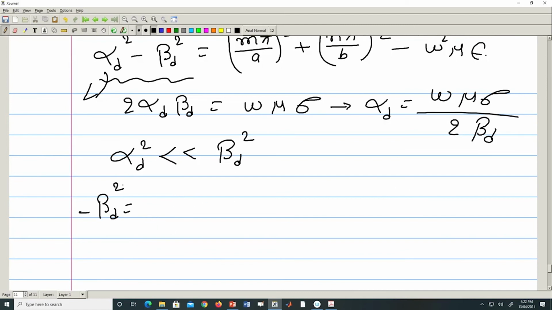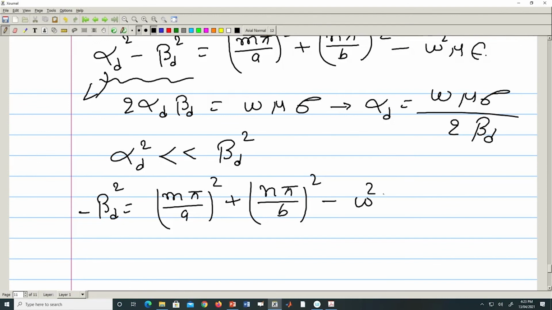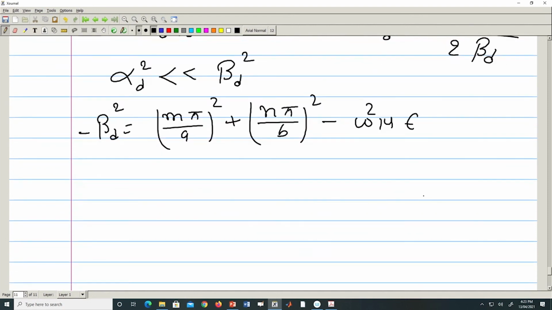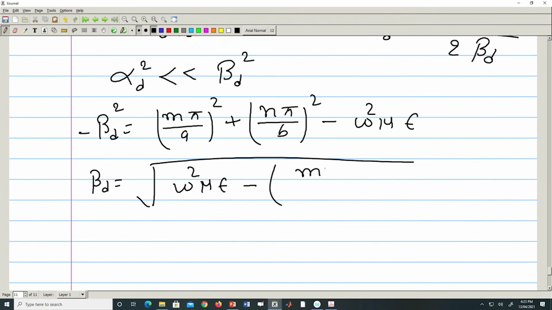Minus beta d whole square will be (m pi by a) whole square plus (n pi by b) whole square minus omega square mu epsilon. Now the minus sign comes to this side, so omega square mu epsilon comes first, and beta d will be the square root of omega square mu epsilon minus (m pi by a) whole square plus (n pi by b) whole square.